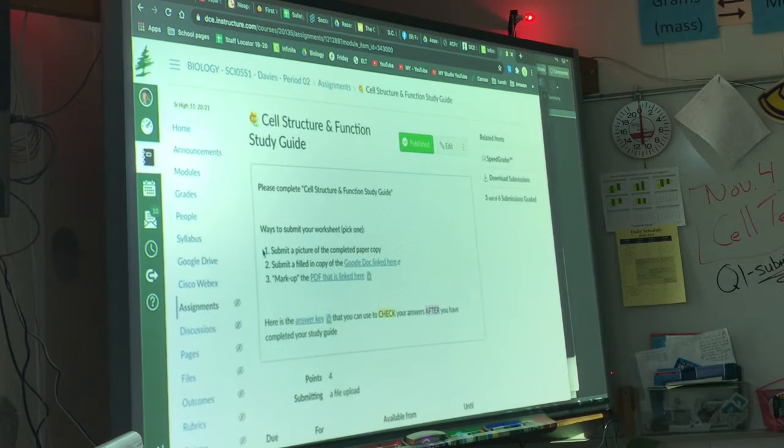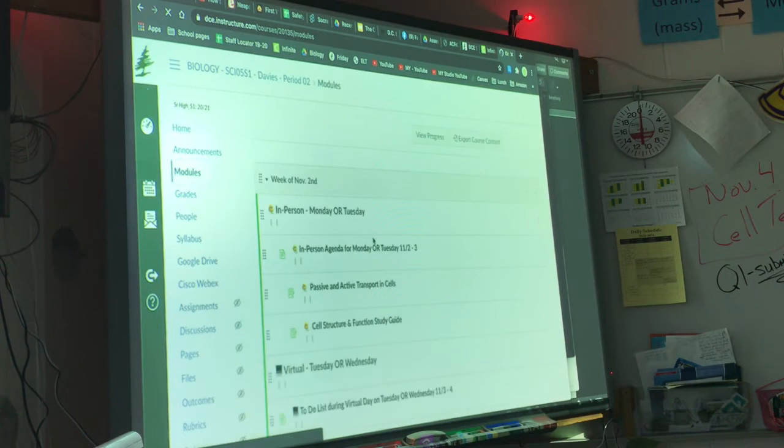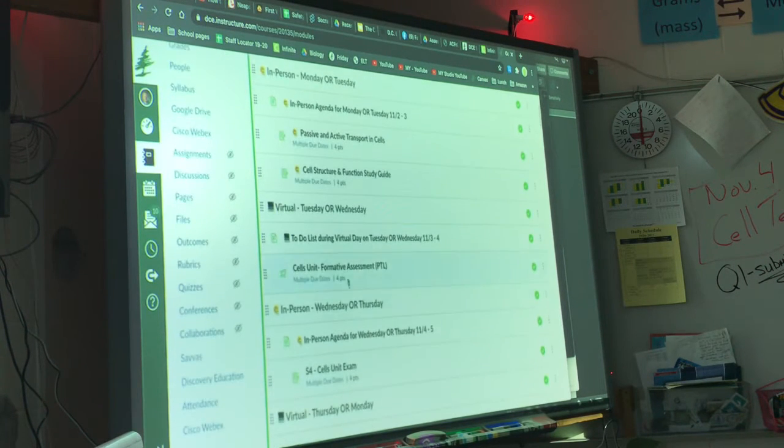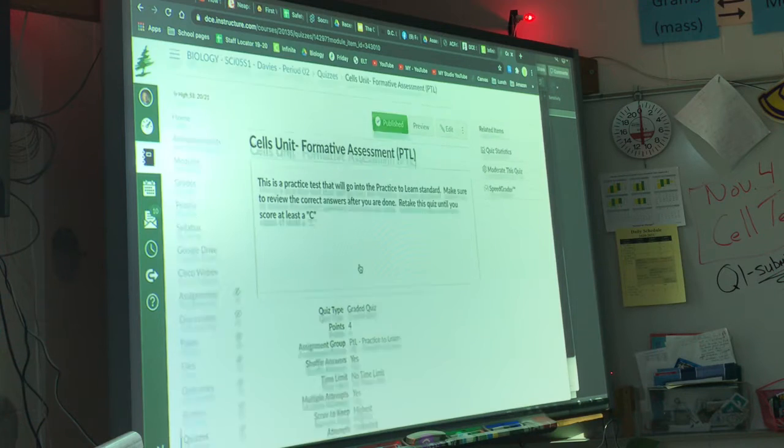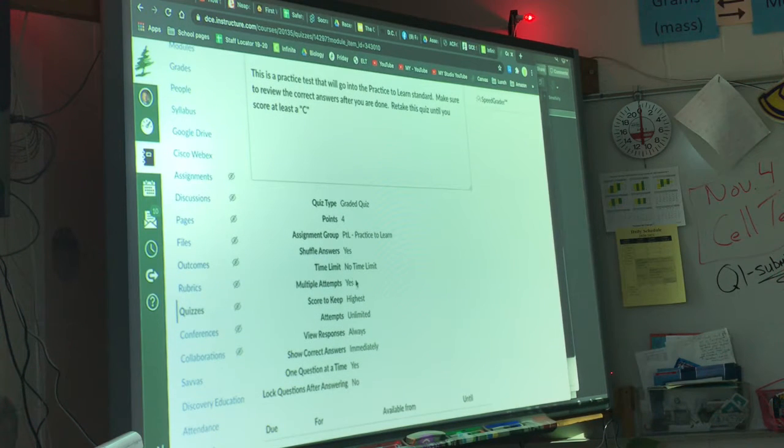Also, if you take a look on tomorrow's virtual day, there is this cells unit formative assessment. It's a practice to learn piece, an online Canvas quiz that I'm allowing you multiple attempts, and it will keep the highest score for you.